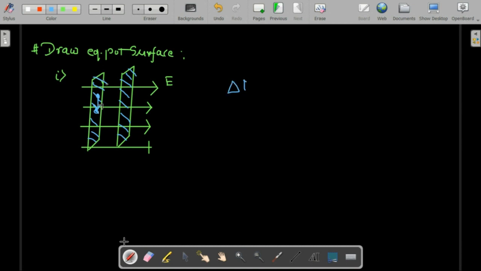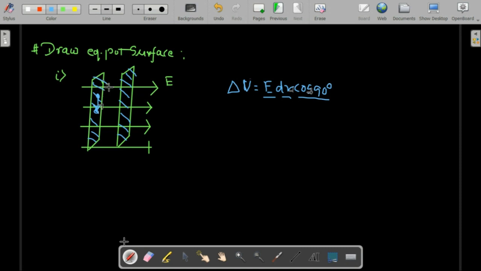You always have to check that delta V is equal to E dr cos 90. It has to be like this. There has to be 90 degrees between E and dr. If that's the case at every point, that means it's an equipotential surface. That's how you can draw it. So if you look here, this is delta V. It is 90 because you're moving from here to here, but the field is in this direction.